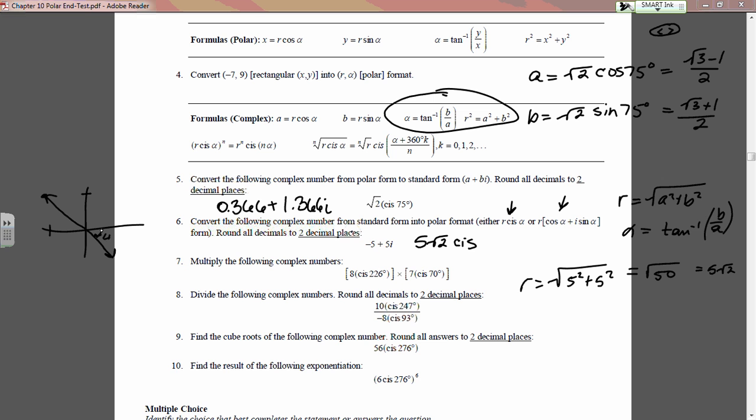Since we know this is 45 degrees, and we know this is 45 degrees, we're going to need to find this angle here, which is simply 180 minus 45 degrees, which is going to be 135 degrees. Alright? So again, always check the location of your point with your angle and your radius to make sure that everything agrees. Okay? Or you won't get the problem 100% correct. Alright? Moving on.